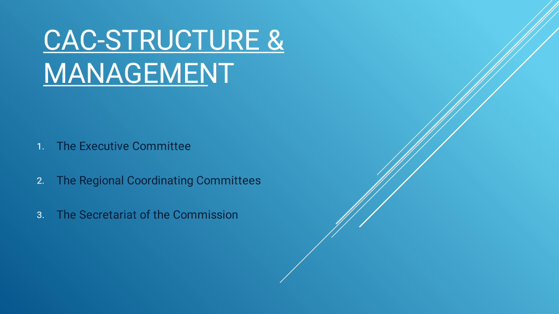Now the structure and management of Codex Alimentarius Commission. The first 3, as we have talked about, are the executive committee, the regional coordinating committees and the secretariat of the commission.